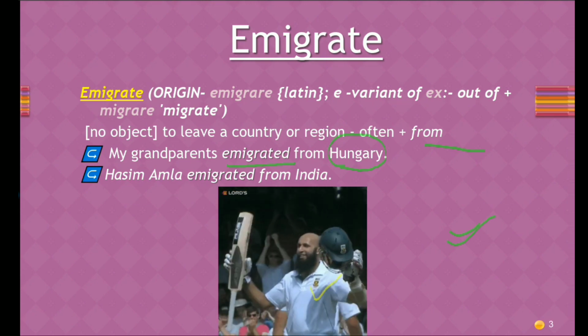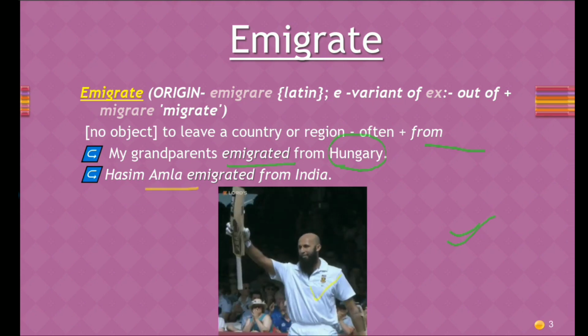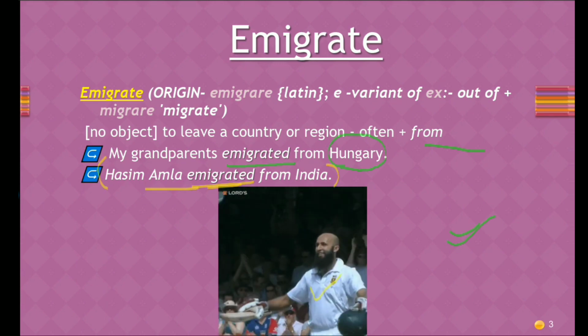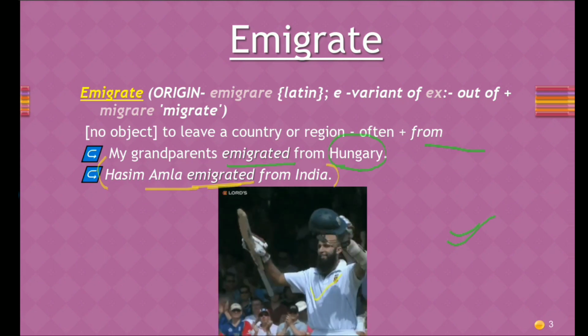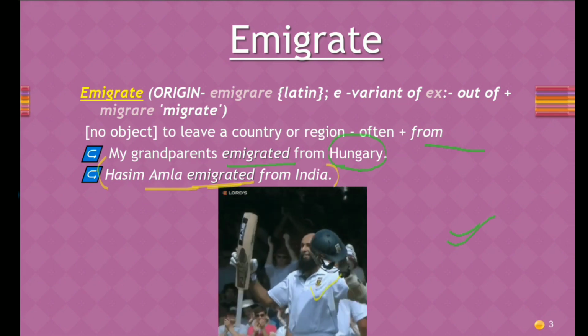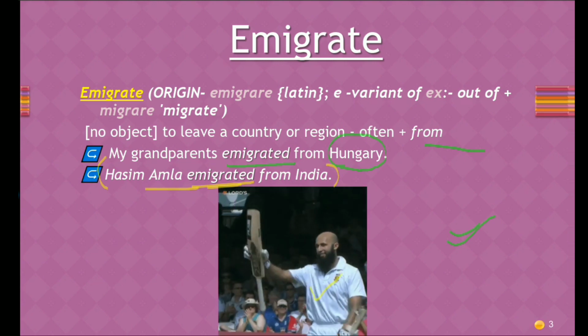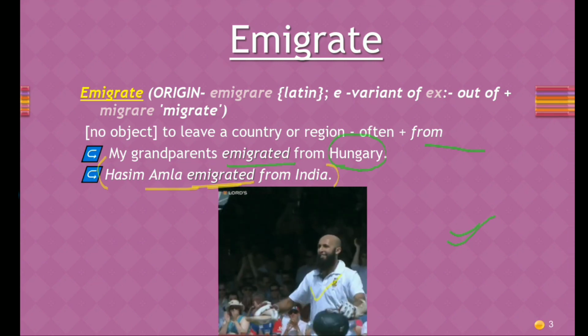Here we can say it is a fact. We are certain that Hashim Amla left India to live in South Africa. He's a great batsman of South Africa, as you might know. So now let's discuss further.